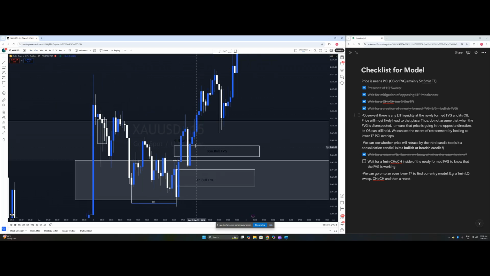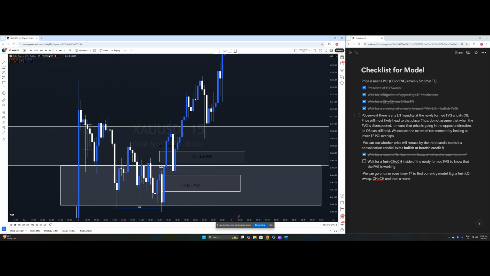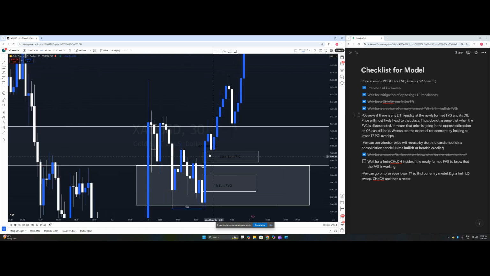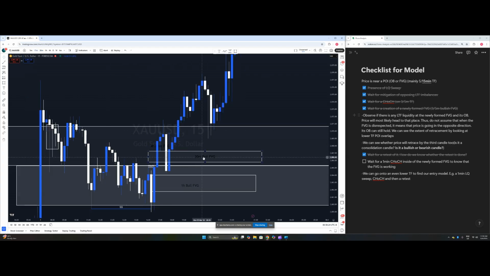So after creation of a 15, in this case it was also a 30-minute bullish fair value gap. Most likely we'll be looking at the 30-minute. So when price came down to mitigate it, okay, I need the retest.